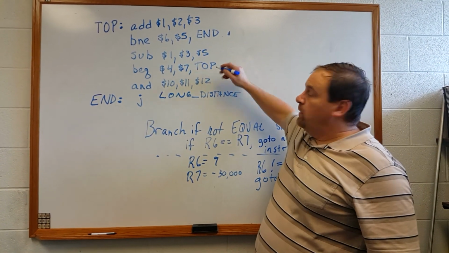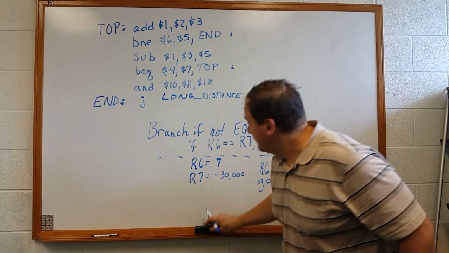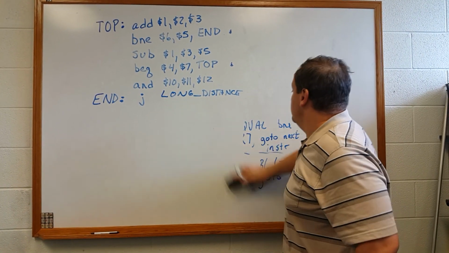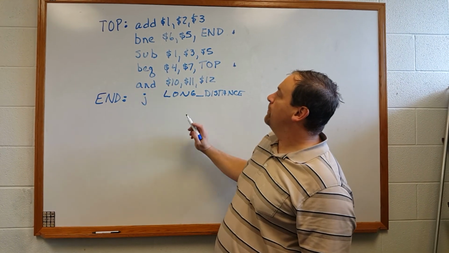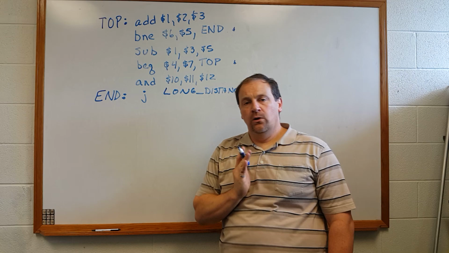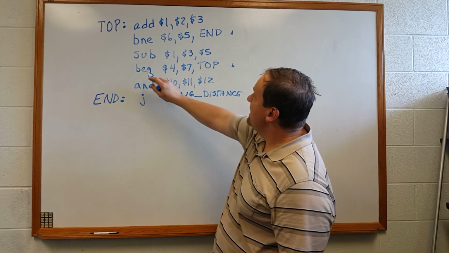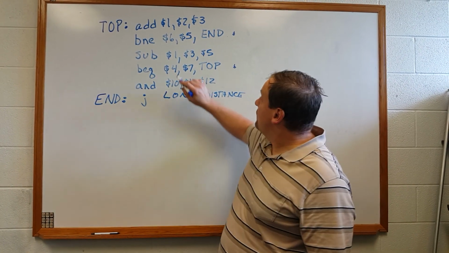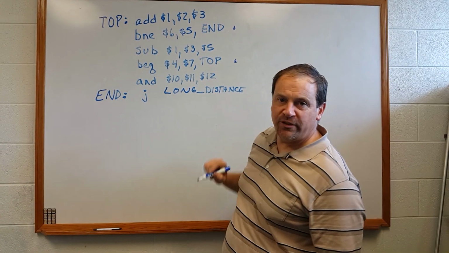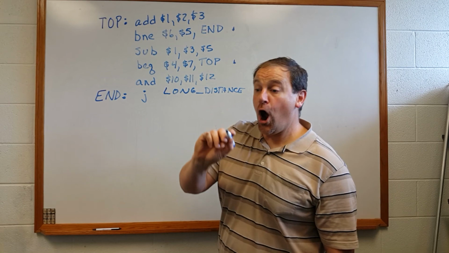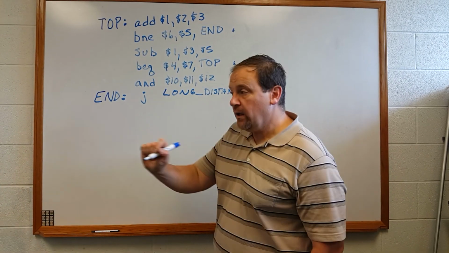For the branch equal, just the opposite. So I won't take time to explain that. Branch equal. Now we're going to branch or go somewhere else if they are equal. So if register 4 contains 1,000 and register 7 contains 1,000, they are equal, so we will branch.